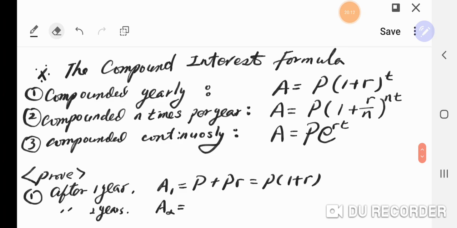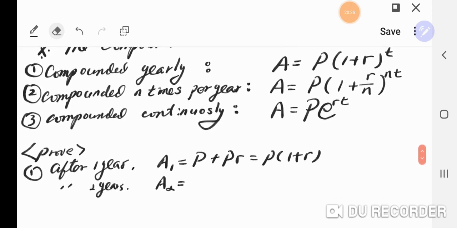This means the N times per year will be infinitely many. So if N goes infinite, then we have the formula compounded continuously, which is A equals P e to the RT, PERT.